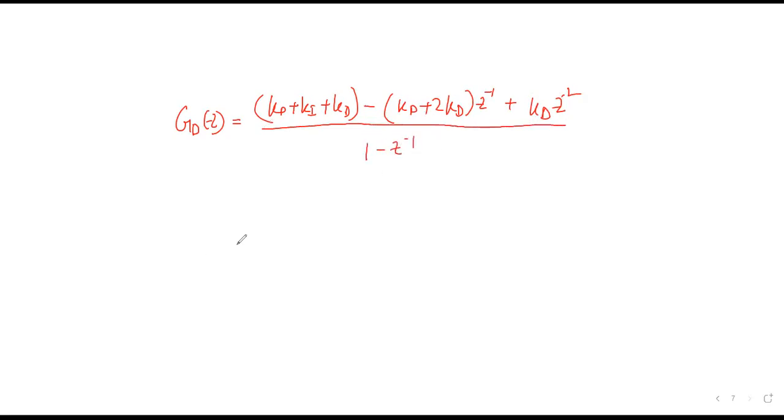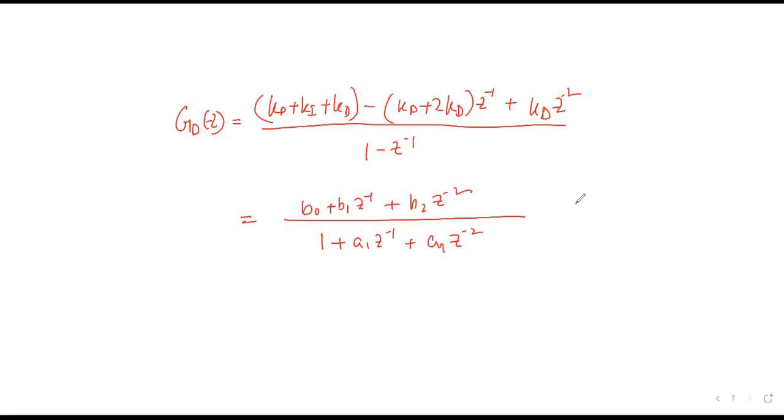Now, we can compare this one with the standard form that we have, and we can write it this way: b0 plus b1 Z inverse plus b2 Z to the power minus 2, and in the denominator, we have 1 plus a1 Z inverse plus a2 Z to the power minus 2. Okay, so now we compare these two equations.